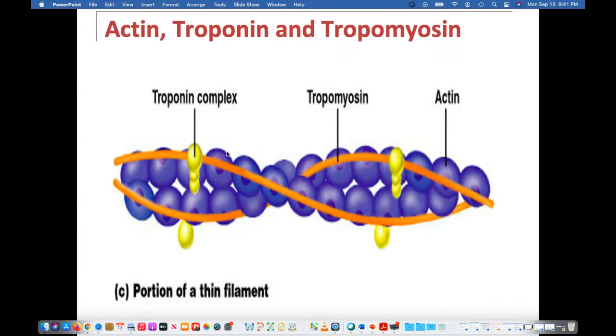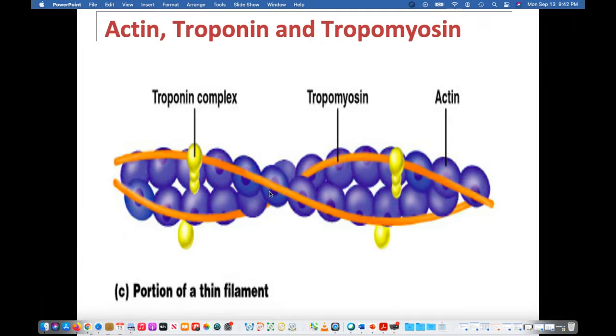The binding sites are on actin. Well, something must bind to it. Tell me what binds to that binding site. Well, that's going to be myosin. Okay, the myosin head is going to bind here. However, the binding sites on actin are covered by this orange-looking protein, this string called tropomyosin.